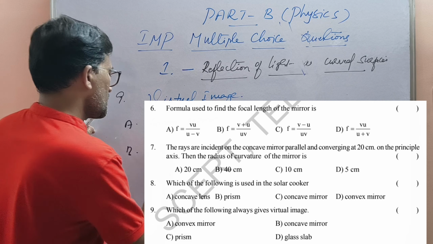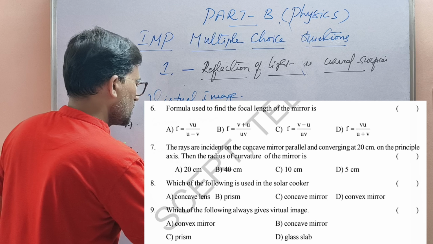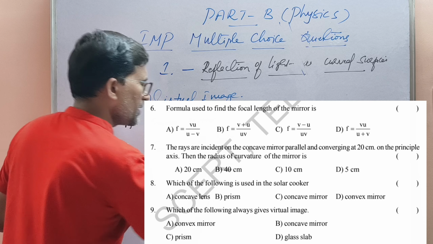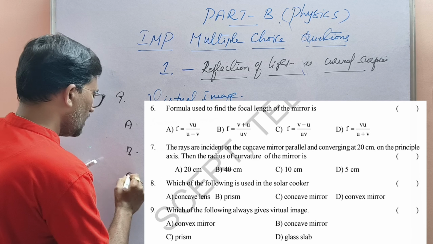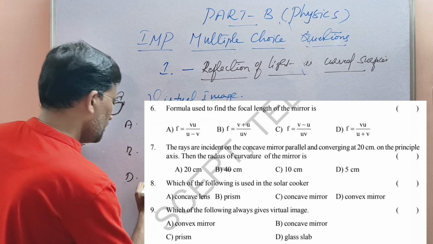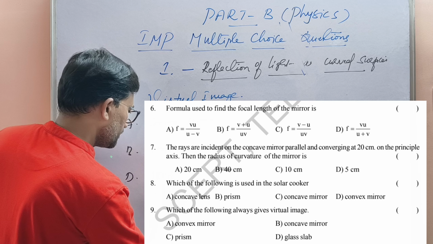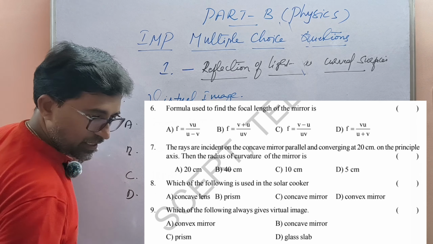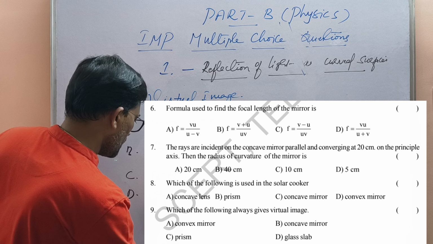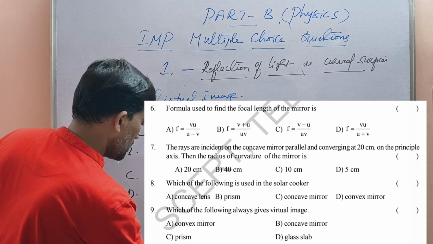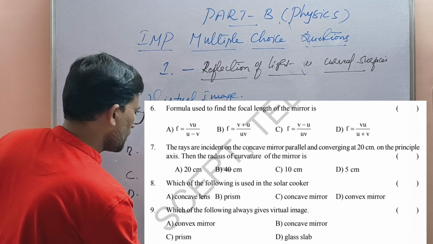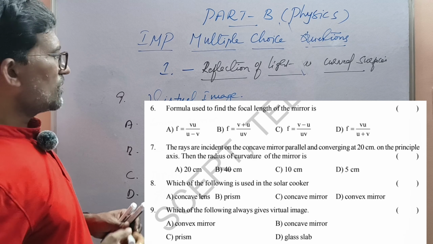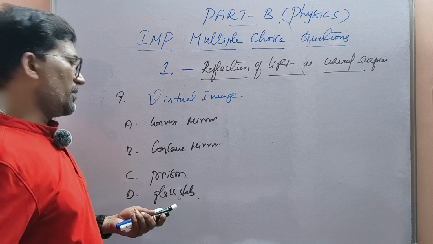Second option B is concave mirror. Option C is prism. Option D is glass slab. Which of the following always gives a virtual image?